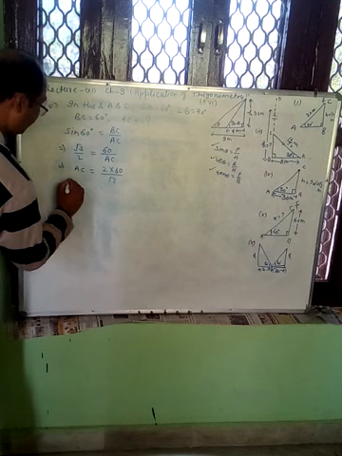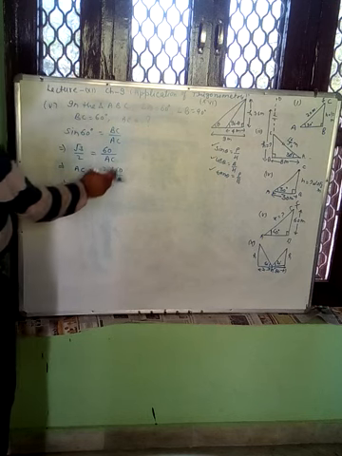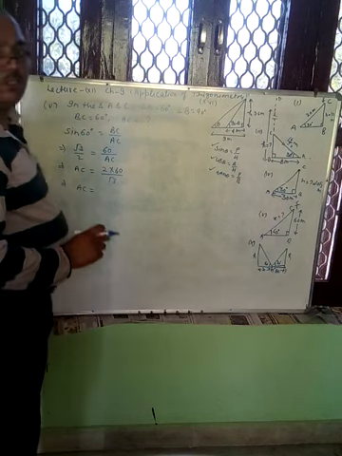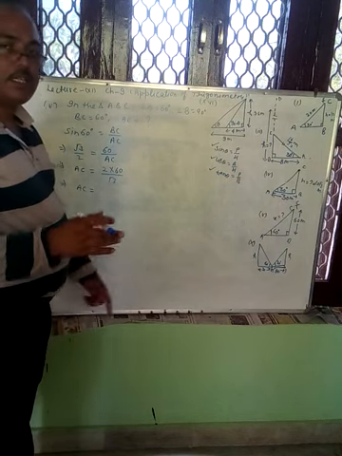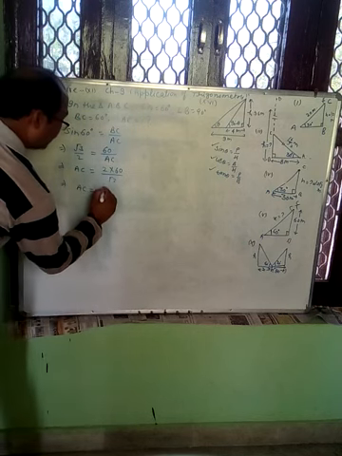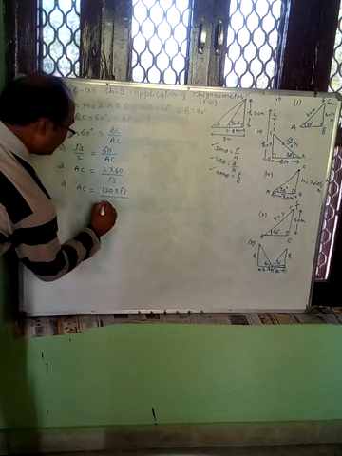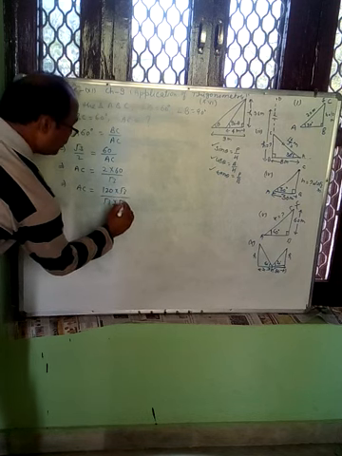Therefore AC equals this, and by multiplying by root 3 in numerator and denominator to rationalize the denominator, it is 120 into root 3 upon root 3 into root 3.